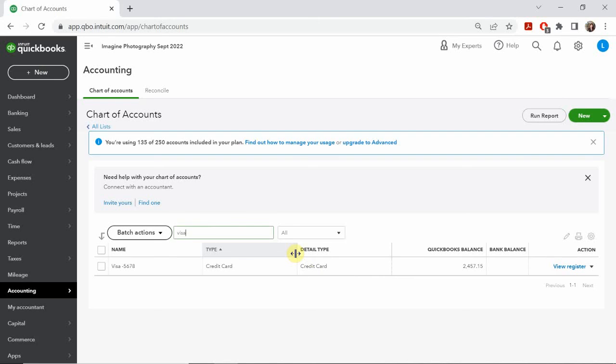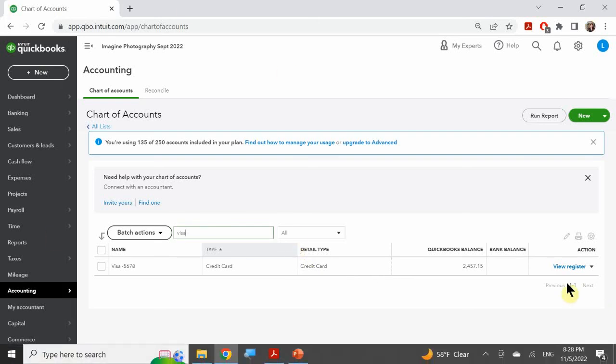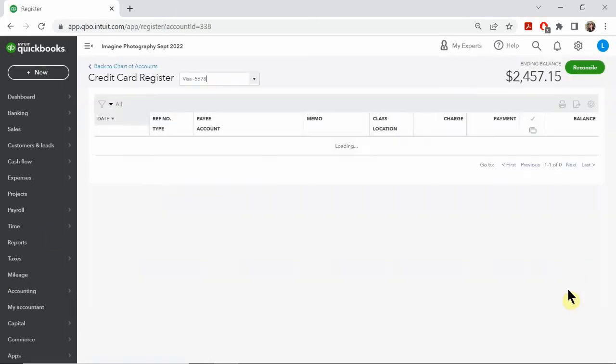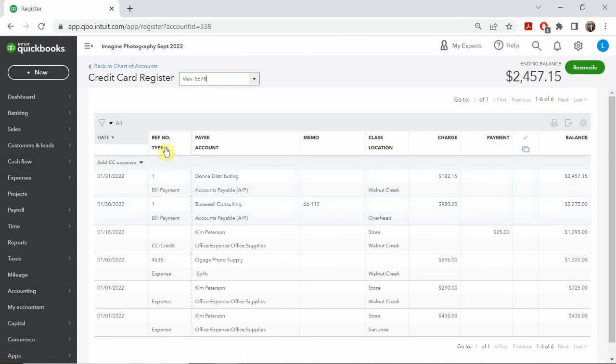Here I've already looked up my credit card, and I'm going to click View Register. Notice this, right? You have the credit card credit right here for $25. So you got the reimbursement for that $25 right there.